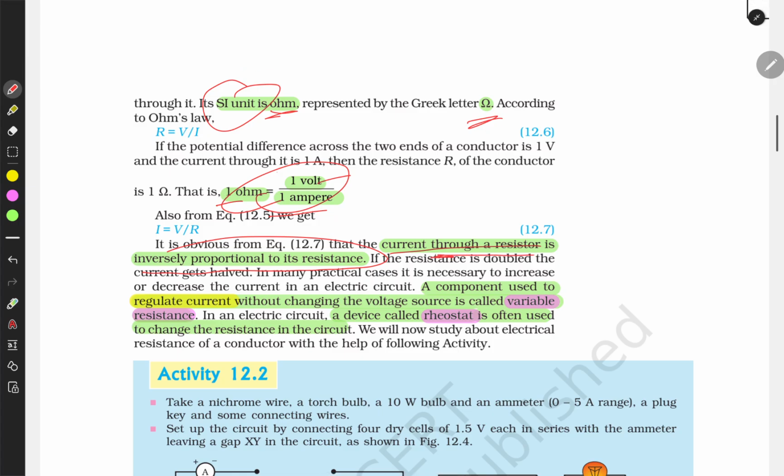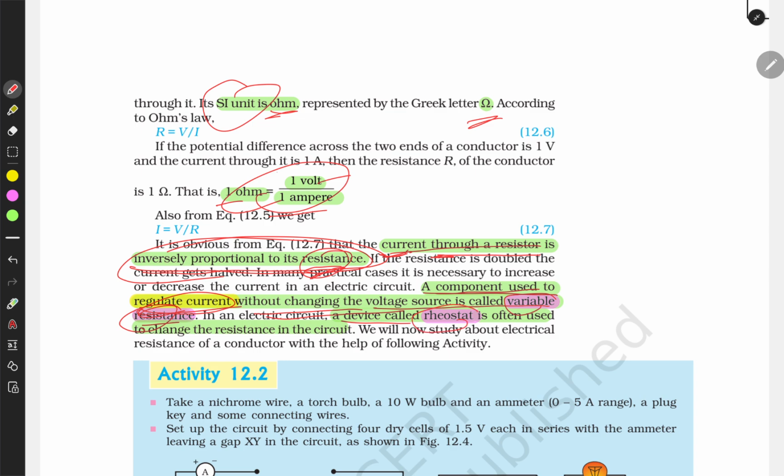Current through a resistor is inversely proportional to its resistance. So the more the resistance, the less the current flow, and the less the resistance, the more the current flow. The component used to regulate the current without changing the voltage source is called a variable resistance.